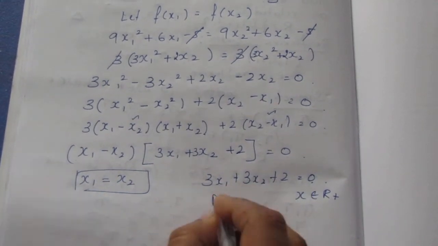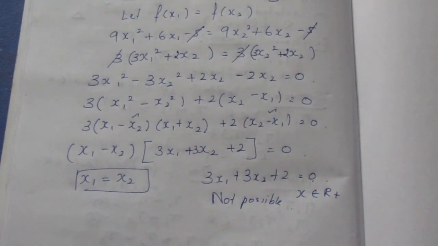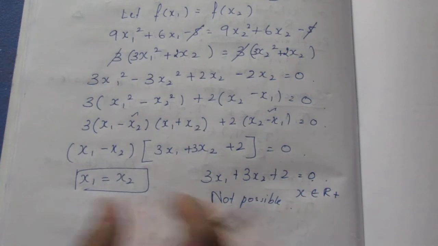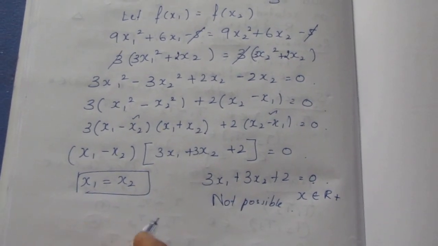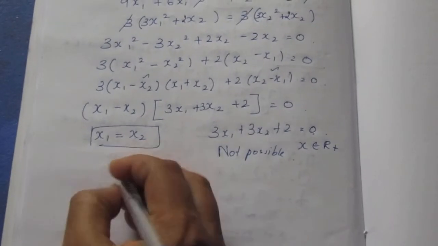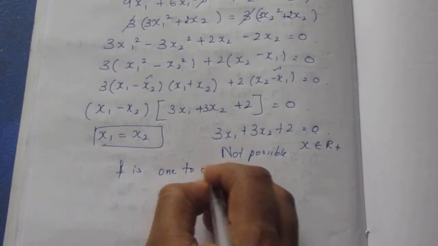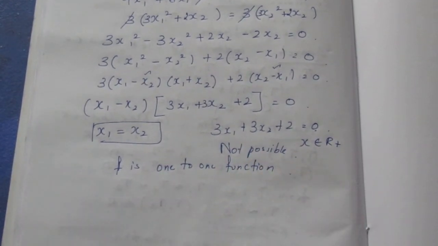So this is not possible. Adding the positive numbers 2 plus 3, it can't be equal to 0. The equation itself is wrong. So we can leave this. If we prove x1 equal to x2, we can directly say that f is one-to-one function. So we have proved f to be one-to-one function.